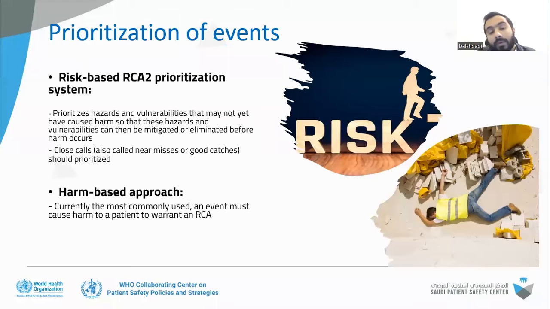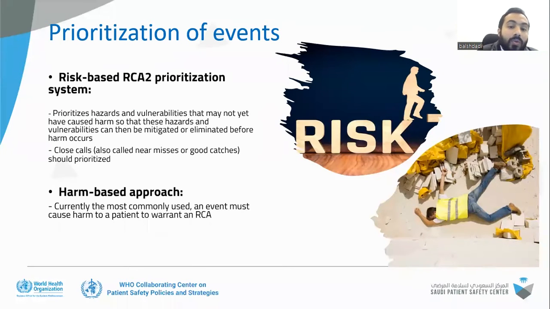Generally, organizations can be divided into two ways of prioritizing events: a risk-based RCA prioritizing system or a harm-based approach. With the risk-based approach, we usually prioritize safety hazards that might not have caused harm yet, but have a clear potential to cause harm.